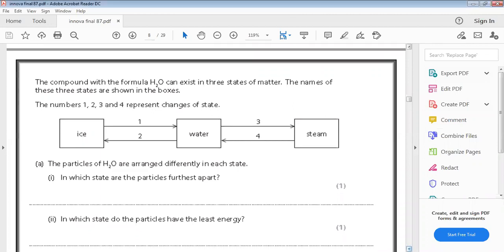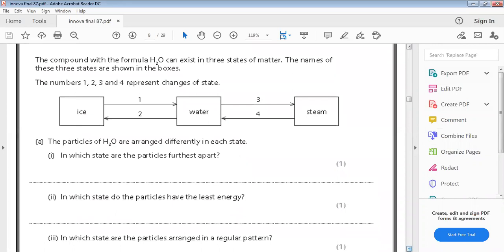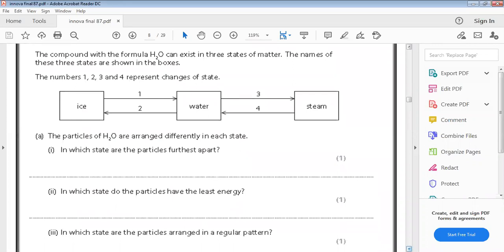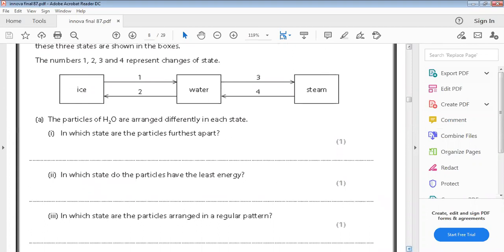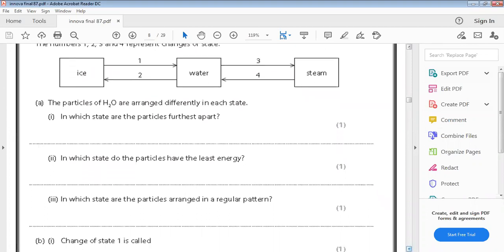Come on, Mariam, you will answer this whole question. In which state do the particles have the least energy? Ice. Yes. The next one: in which state are the particles arranged in a regular pattern?